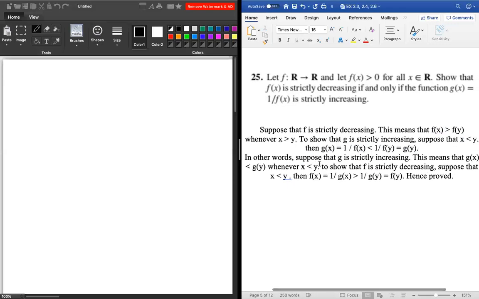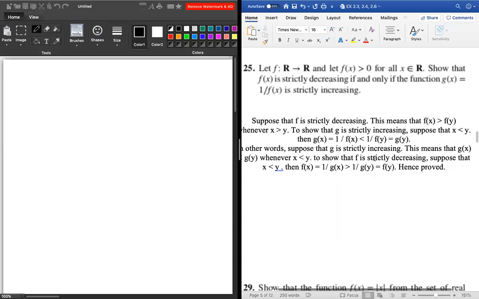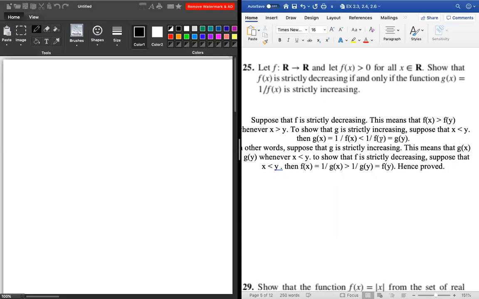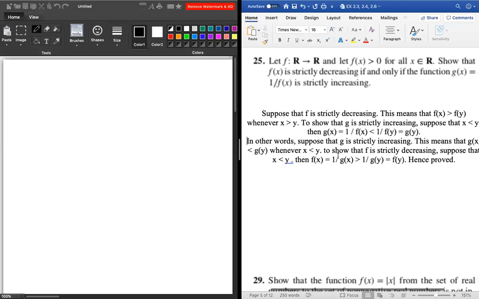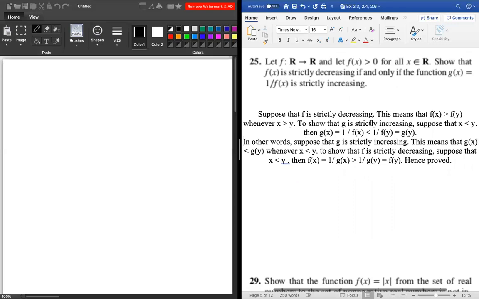So in other words, suppose that g is strictly increasing. This means that g of x is less than g of y whenever x is less than y. Here f is strictly decreasing, but here we are saying g is strictly increasing.